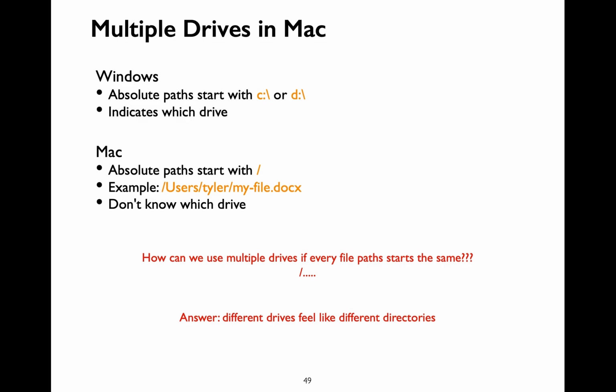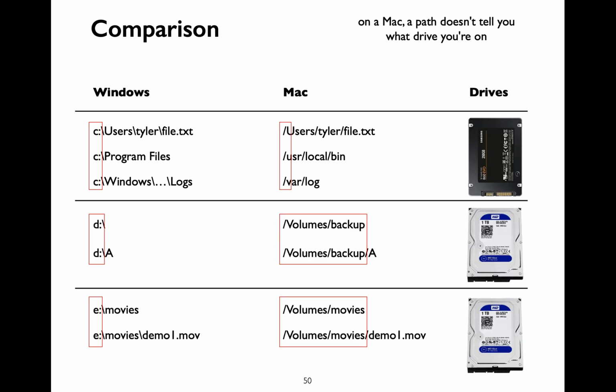So let's try and understand the difference between Windows path names and Mac path names by going through some examples. Just like the previous example, let's assume that we have one SSD and a couple of hard disks. As I mentioned, each of those storage devices might have a different drive name when it comes to a Windows laptop.